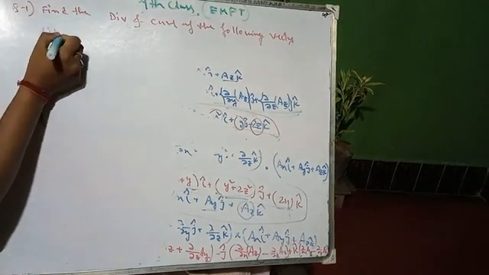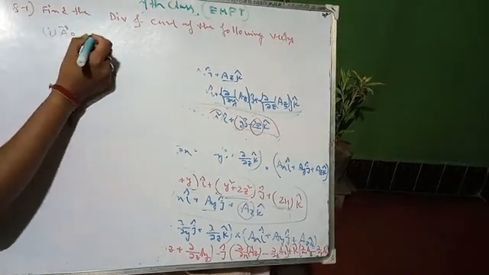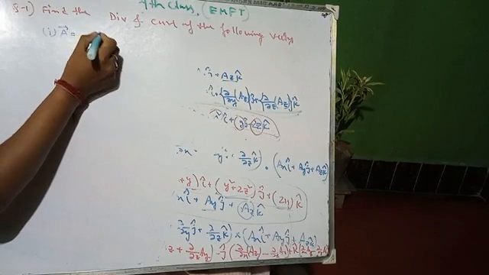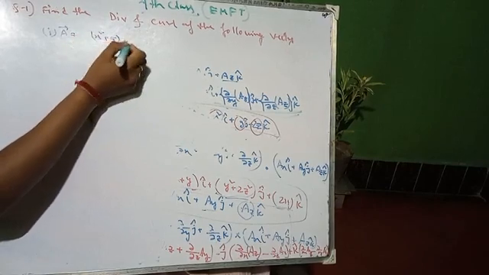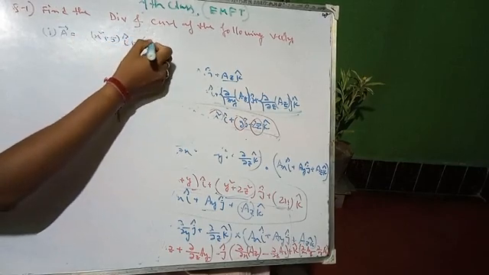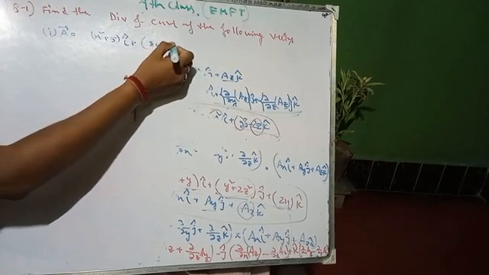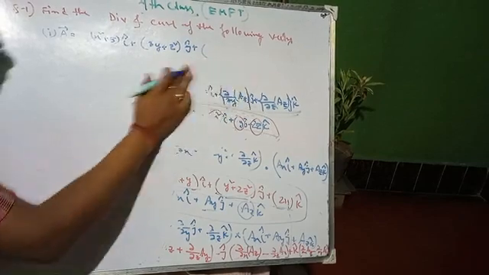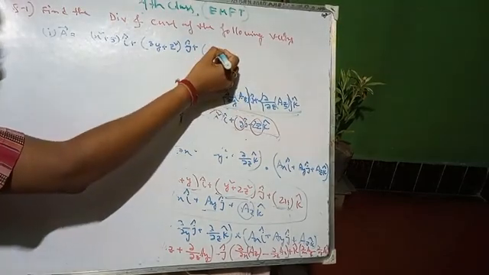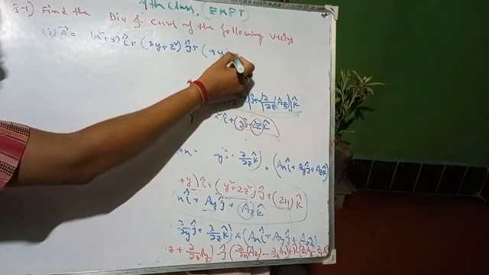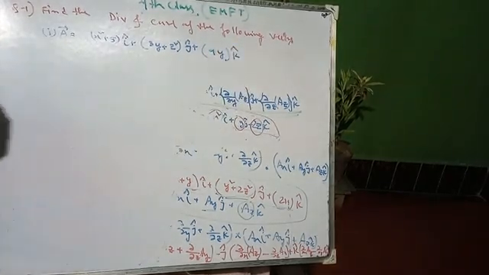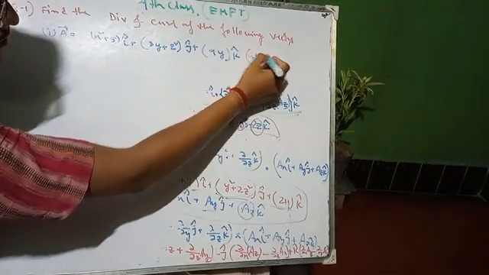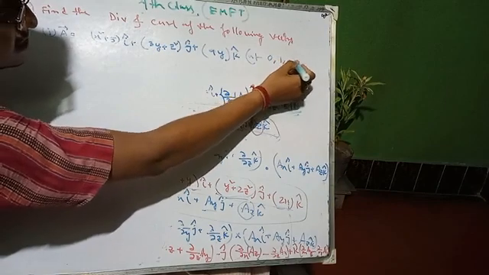So first one, a vector equals to (x square plus 5) i cap plus (3y plus z square) j cap plus 9y k cap. Okay, at 0, 1, -2 point.